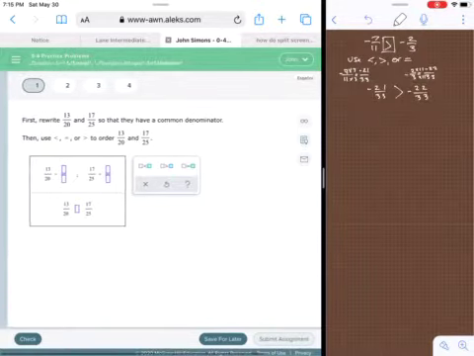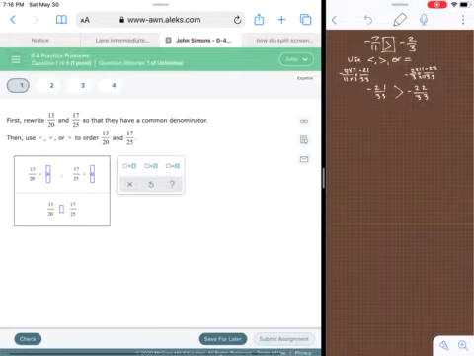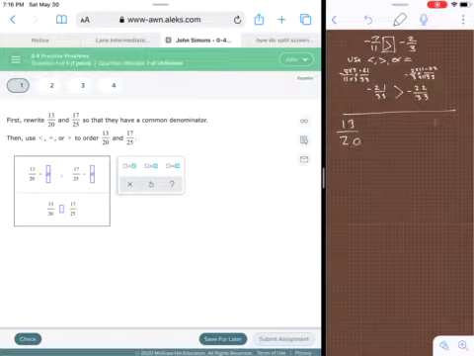So here it says rewrite 13/20ths and 17/25ths so they have a common denominator, and then figure out how to order them. All right, so 13/20ths and 17/25ths. Looking at that, I think the common denominator would be, well, if I multiply 20 and 25, you're going to get a really big number.